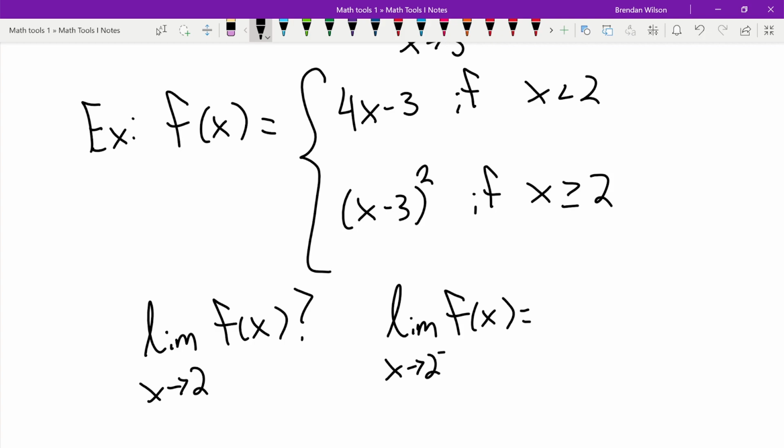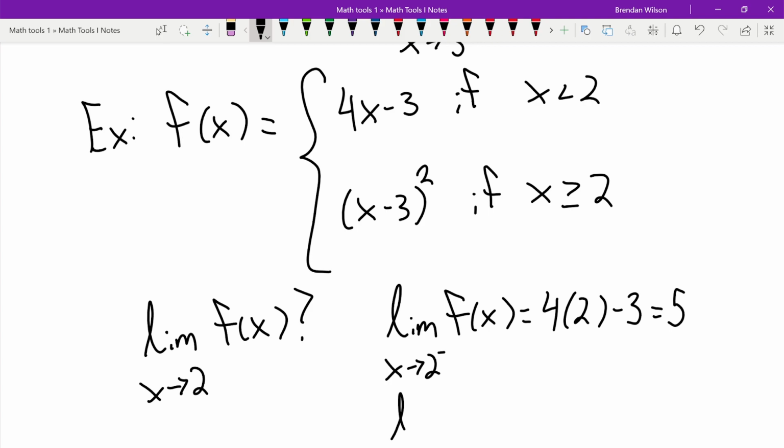Well, as x is coming in from the left, at 2 we're at the bottom part of the function, but if we're immediately to the left of 2, we're still on this upper part of the function, the 4x minus 3. So when we're approaching from the left, this is the part of the function that we're looking at. We can just do direct substitution on this part, so this is going to be 8 minus 3, which is 5.